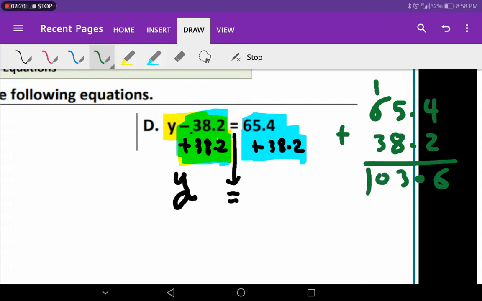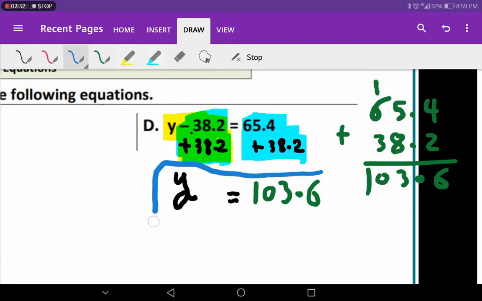So the answer is 103.6. So this is the solution, and I told my student the solution is the value of the variable that makes the equation true or correct. Okay, so this is the first equation.